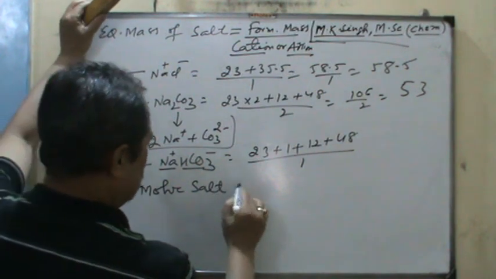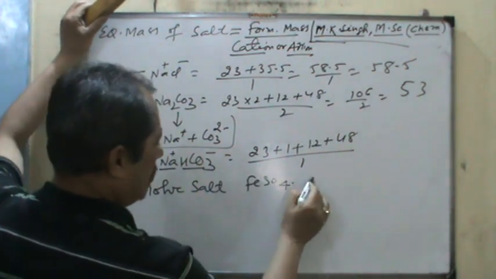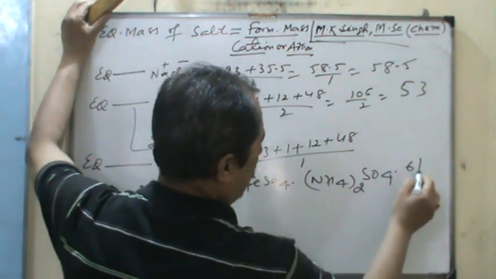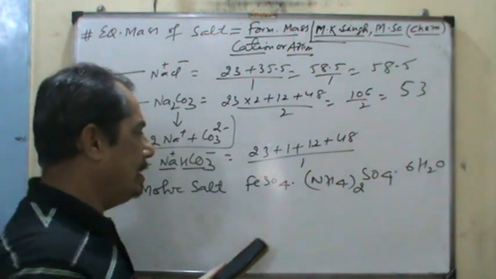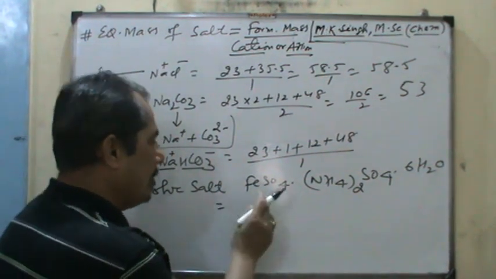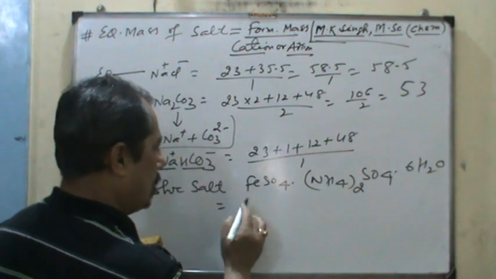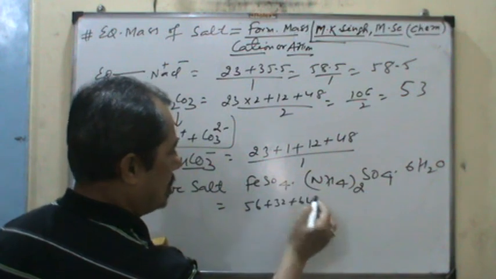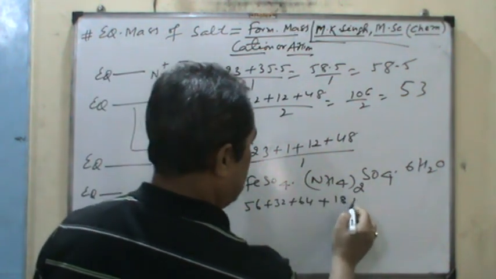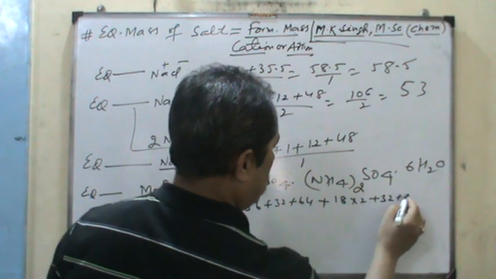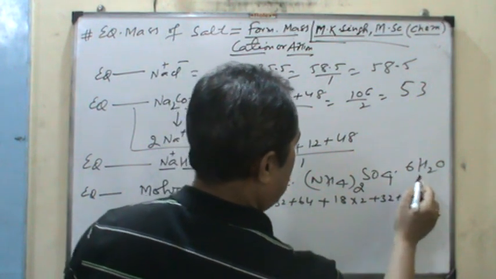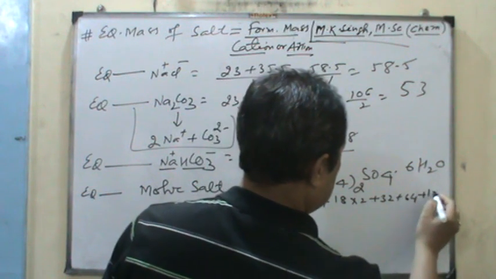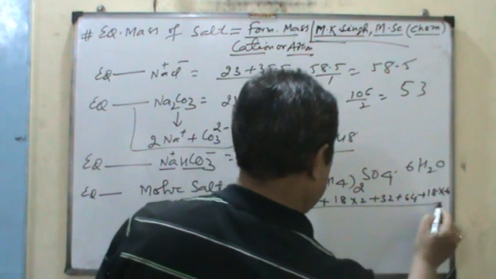So equivalent mass, if you want to calculate for Mohr salt, that is FeSO4·(NH4)2SO4·6H2O. My dear students, the way you can calculate the molar mass: what is the molar mass of iron? 56, sulfur 32 plus 64, plus here 18 into 2 plus 32 plus 64, plus 18 into 6, divided by how much charge?